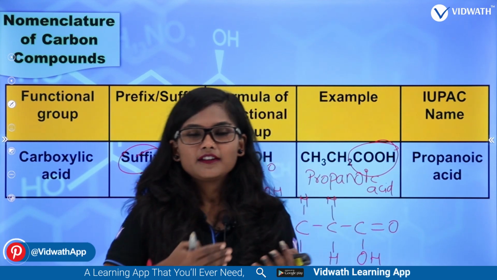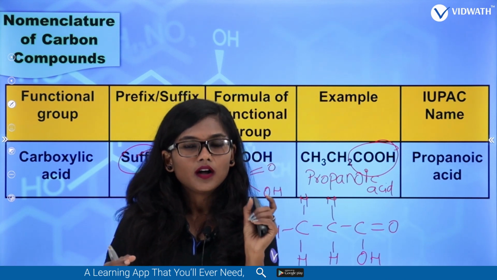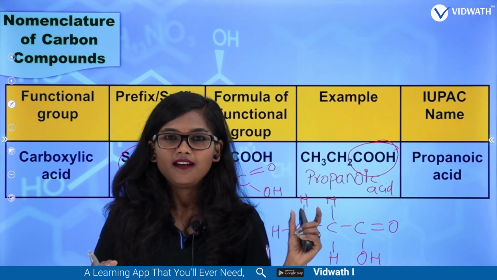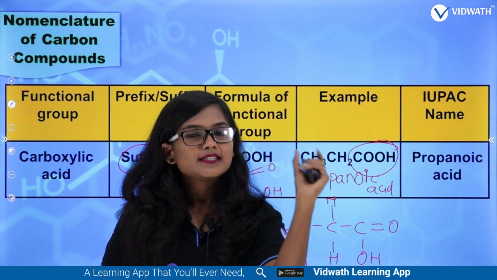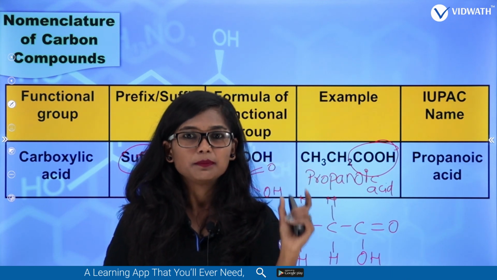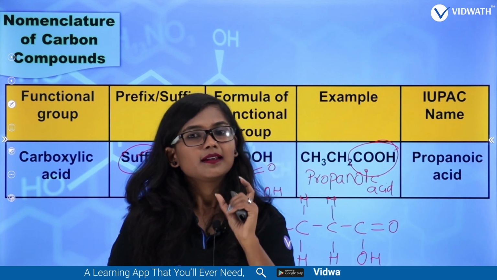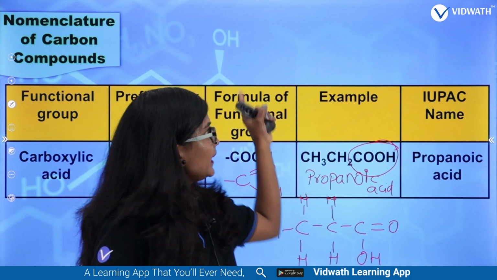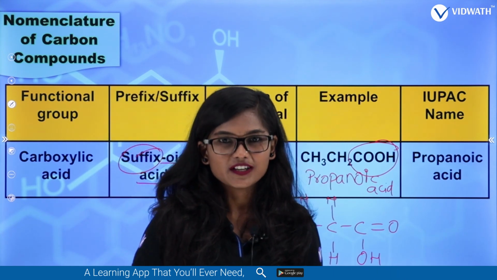Coming to the other functional groups, alcohol, we use ol in the suffix: propanol, ethanol, methanol. Clear? Coming to aldehyde, we use al in the suffix of the name, that is ethanal, propanal. Coming to ketone, we use propanone, butanone, in the suffix. Clear everyone? So that is about the nomenclature of carbon compounds containing various functional groups.